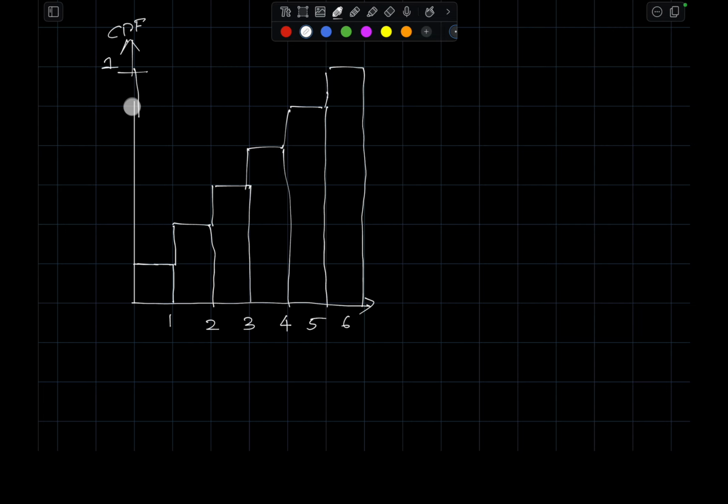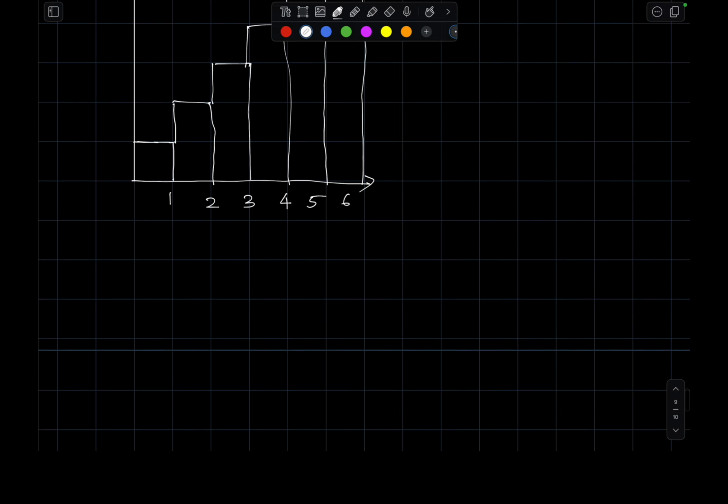So we will be having 1 by 6 in the first value, and for the second one it will be 1 by 6 plus 1 by 6. So then we don't have to smoothen out. It is like a step increase of 1 by 6. So we can't smoothen out here, but in case of continuous random variable, yes, we will get a smoothened curve. Got it.